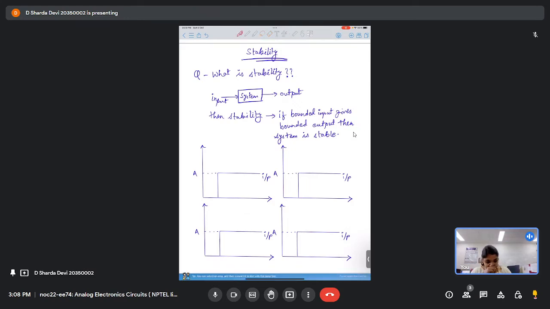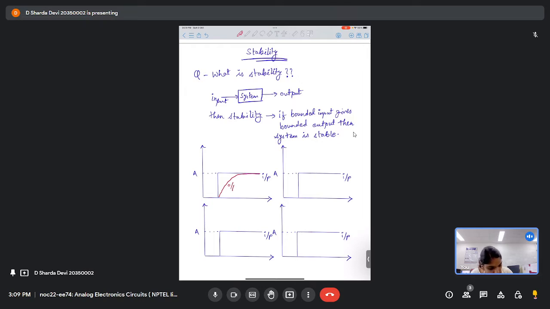So if this is the type of input that we have, then what are the possible outputs that we can see? First type of output that we can see is it will slowly rise and attain the value of input. This is one type of output. It will slowly rise and merge into the input.